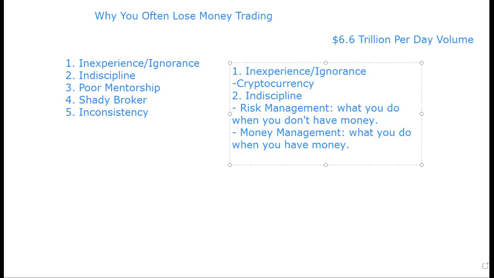I personally tell my students, a trade that does not offer you at least a 1:2 risk reward ratio is not a trade worth taking at all. If this trade is not offering you at least 1:2 risk reward, please avoid it. That's what I teach my students, and that's what I'm saying to you right now. It's not worth it.